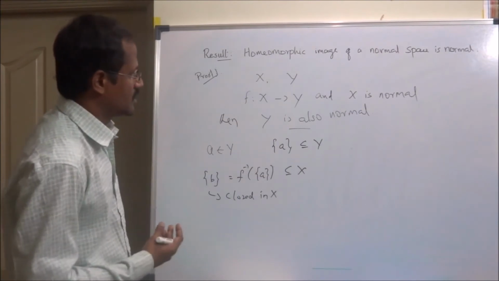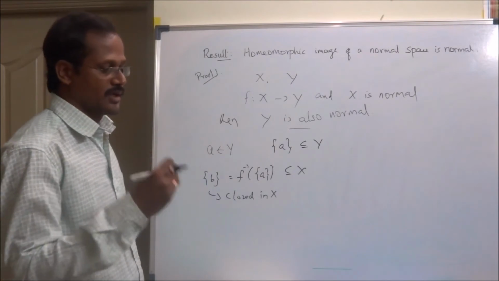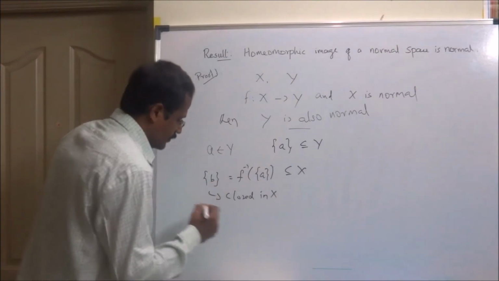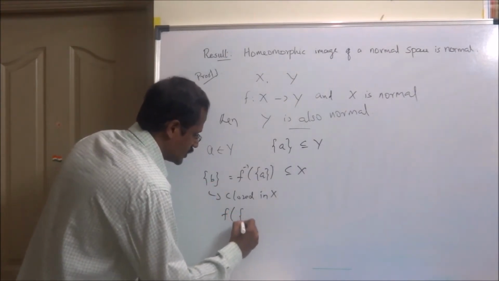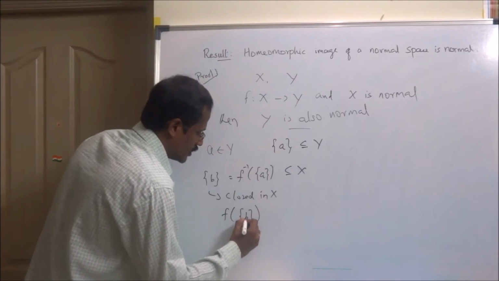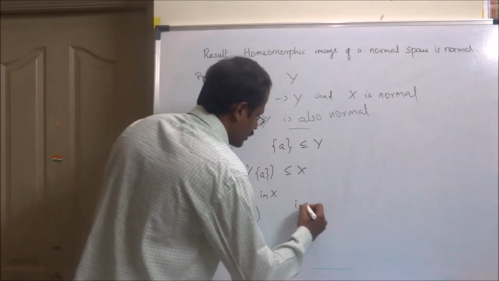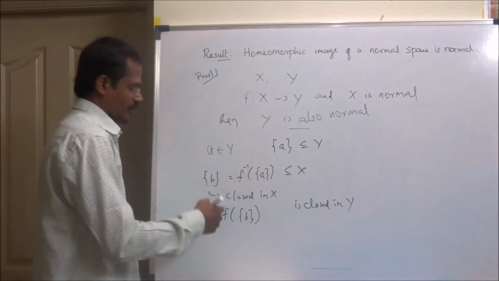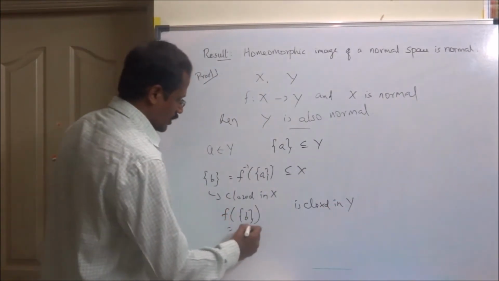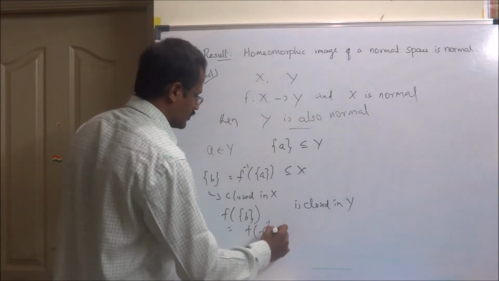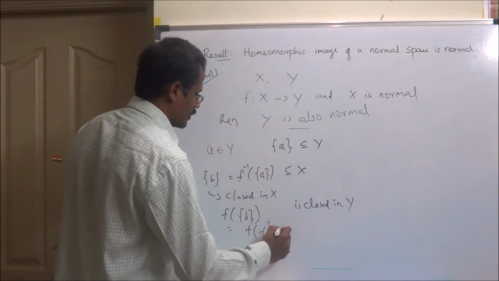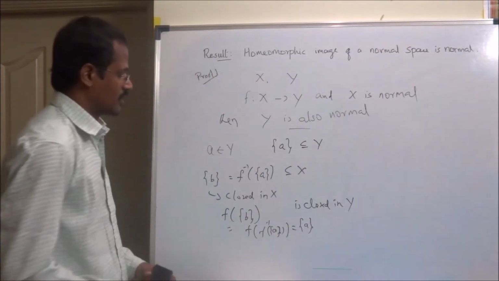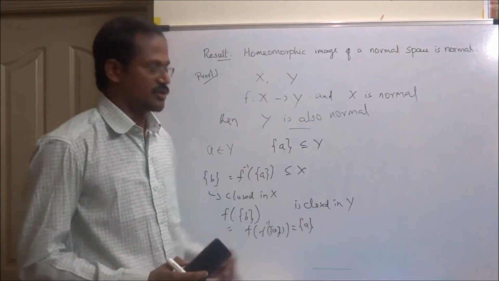Now again, we are using the fact that f is a closed map. That is, f carries every closed set into a closed set because it is a homeomorphism. Therefore, f of {b} is closed in Y. But f of {b} is actually f of f inverse of {a}, that is our singleton {a}, as here again we are using the fact that f is a bijective map.